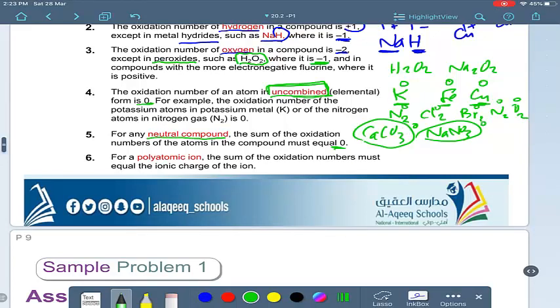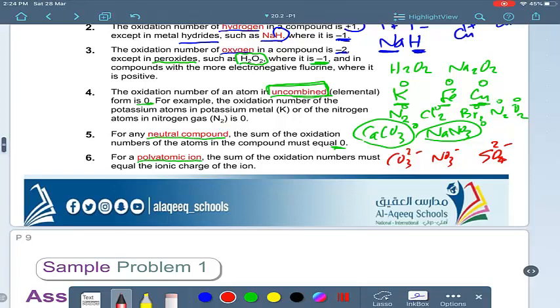The next rule, which is rule number 6, if you have a polyatomic ion. Polyatomic ion means like CO3 negative 2, like NO3 negative 1, like SO4 negative 2, and so on. Okay, they are polyatomic ions. We said that before.